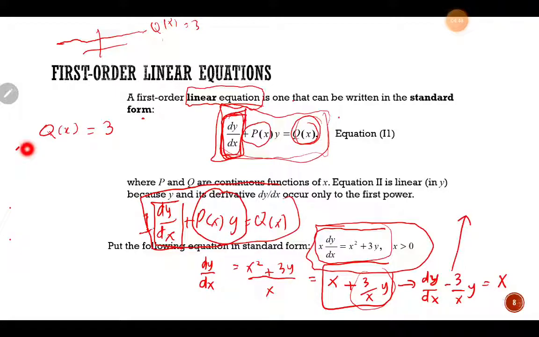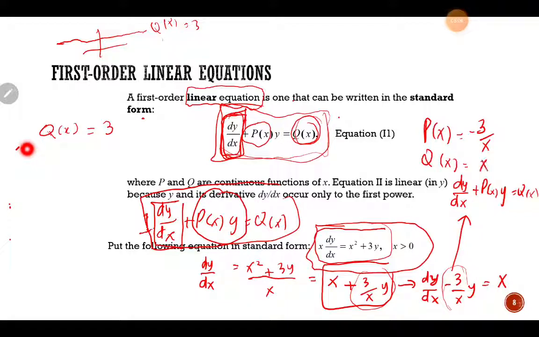So this already resembles dy over dx plus p(x)y equals q(x), where p(x) is negative 3 over x by comparing. So our p(x) is negative 3 per x, and our q(x) is equals to x.